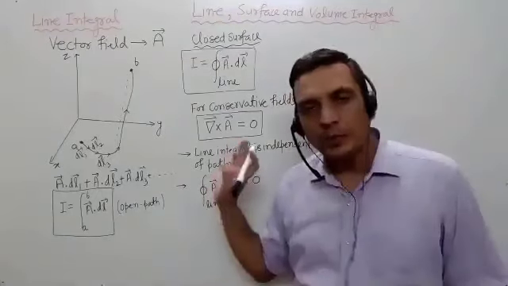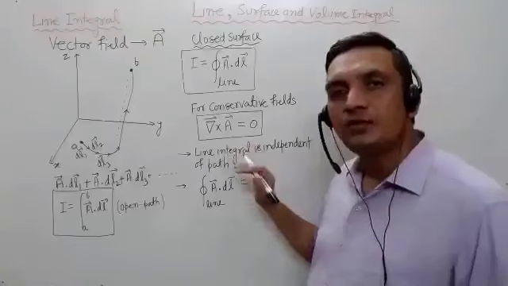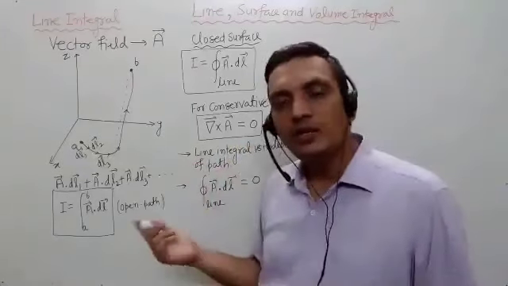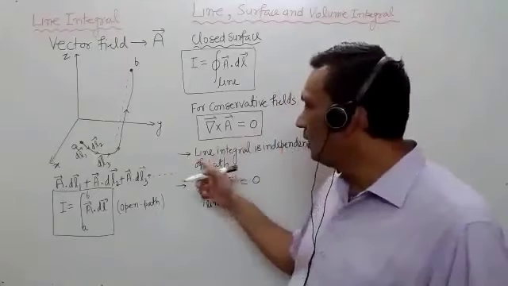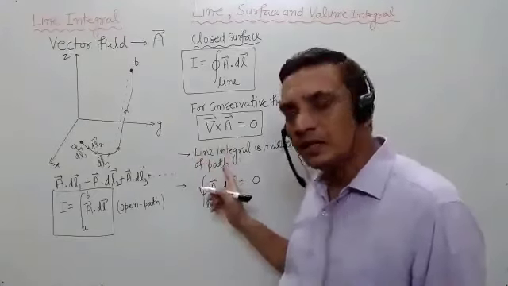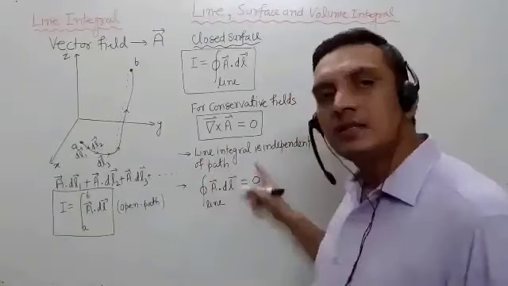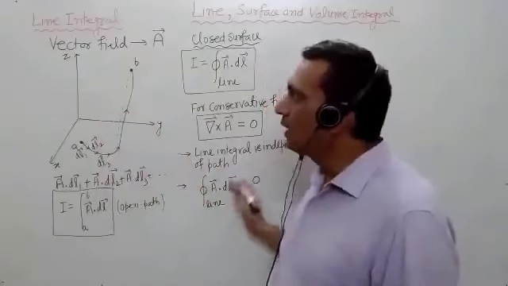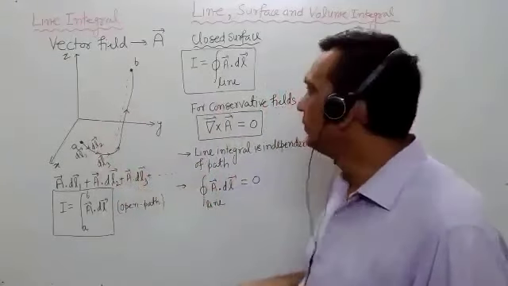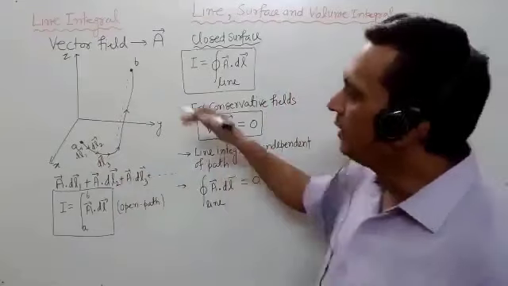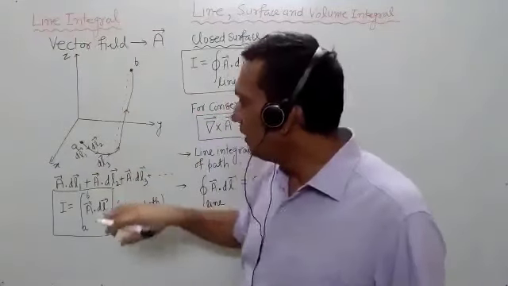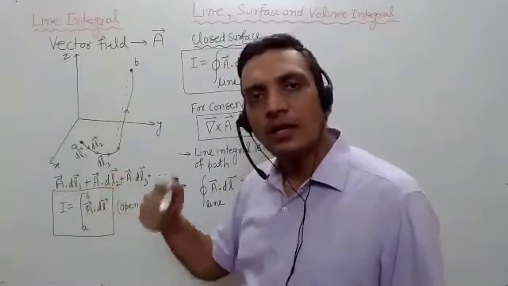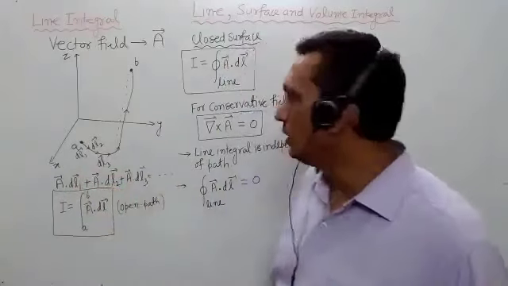So you have to remember these properties in a conservative field. If non-conservative, then you will see curl is non-zero, line integral depends on path, and closed line integral is non-zero. So I have just defined line integral, and in different examples, we will see how to calculate it even in Cartesian coordinate, in spherical polar, and in cylindrical coordinate.